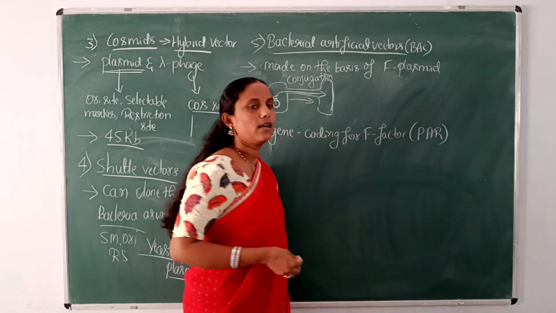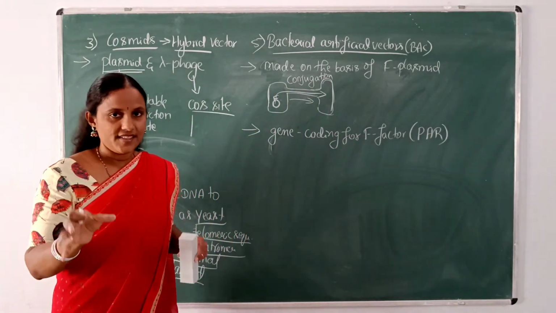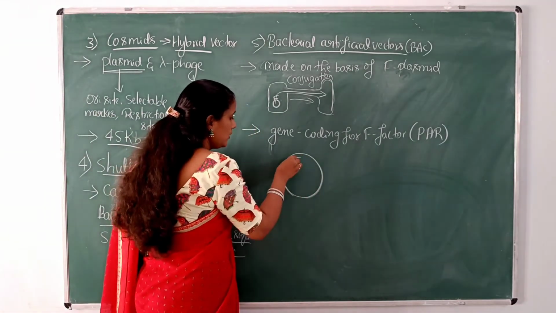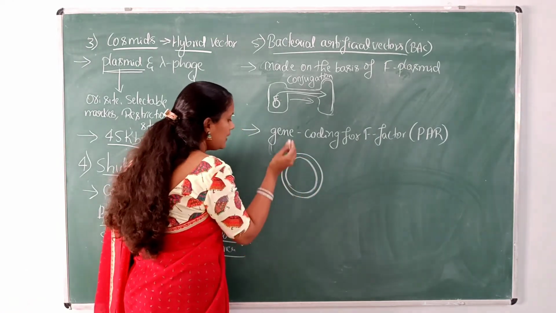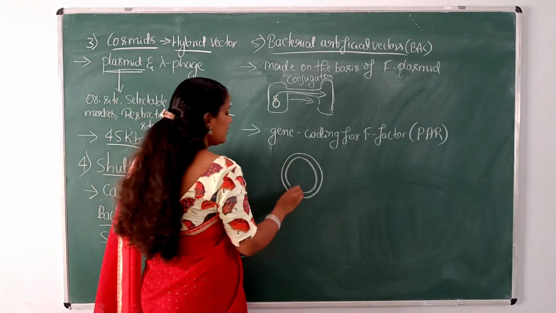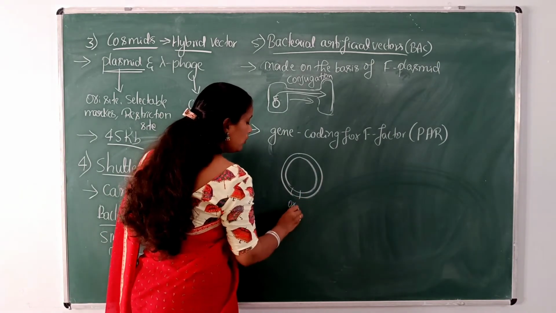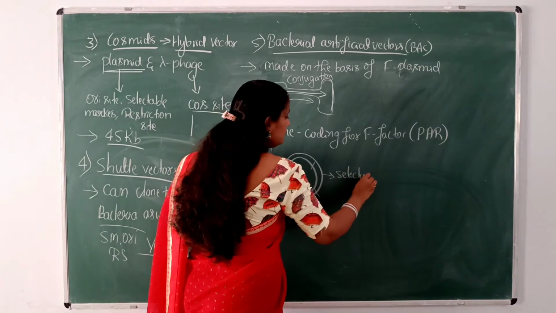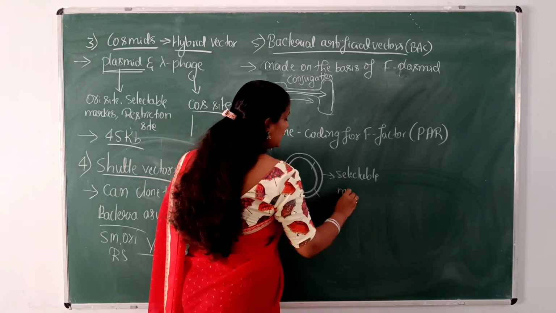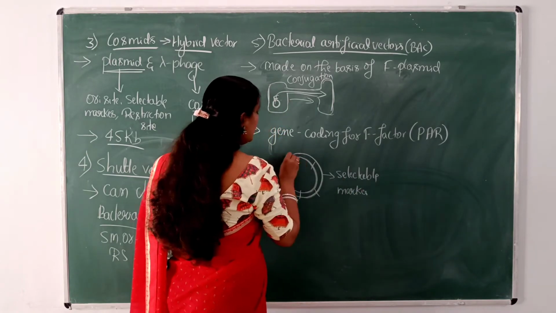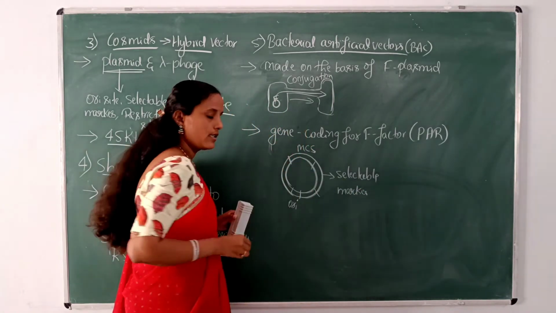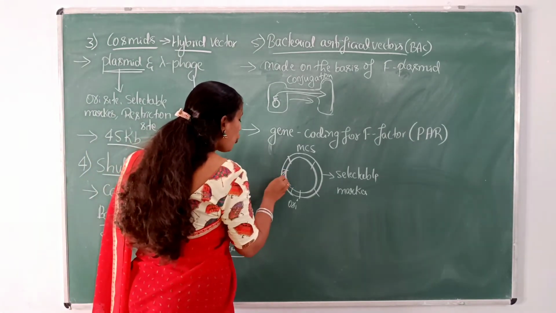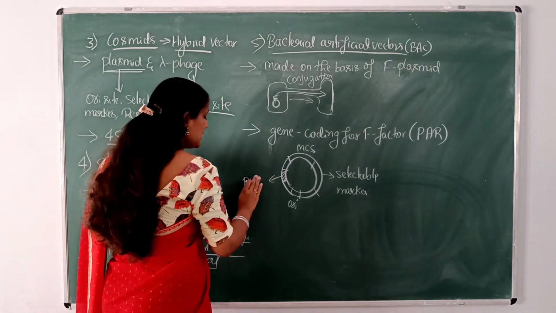The gene coding for the F factor is Ppr. The Ppr genes are responsible for coding the F factor, and the plasmids are inserted with, as we know, an Ori site, a selectable marker, and multiple cloning sites for various restriction enzymes, and along with this it also has Ppr genes.